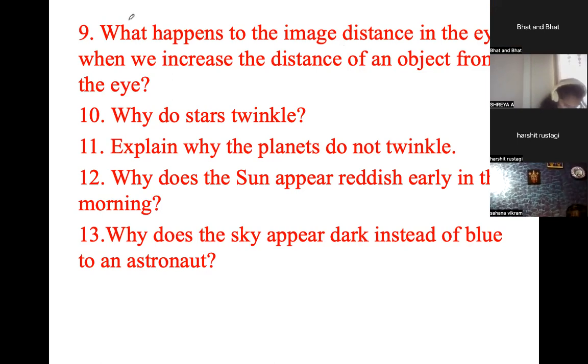The eye lens of a normal eye forms the images of the object at various distances on the same retina.